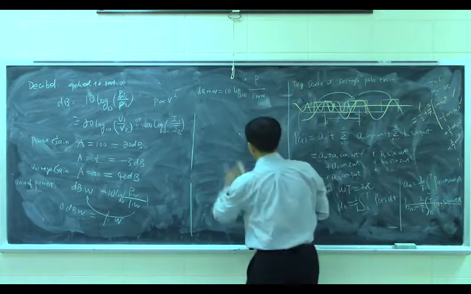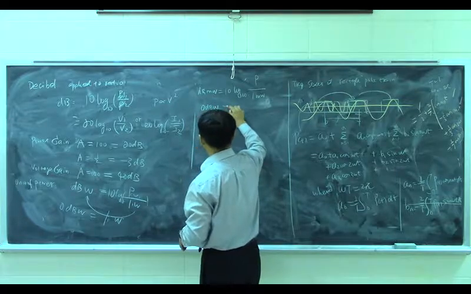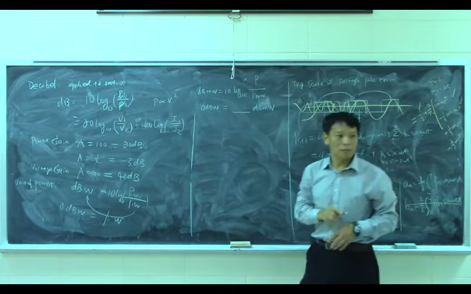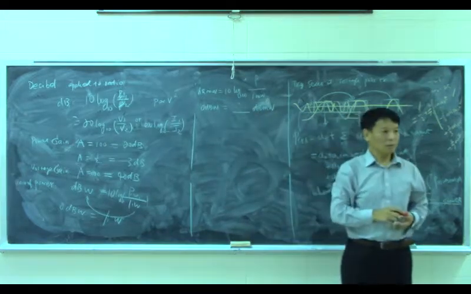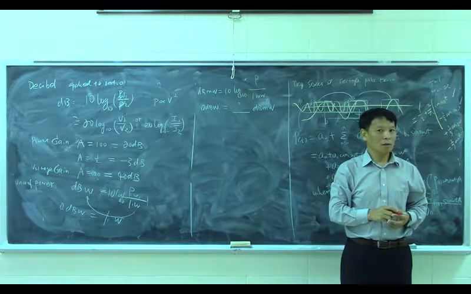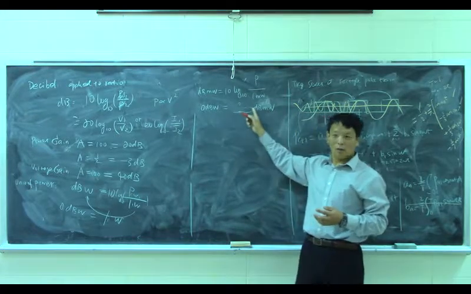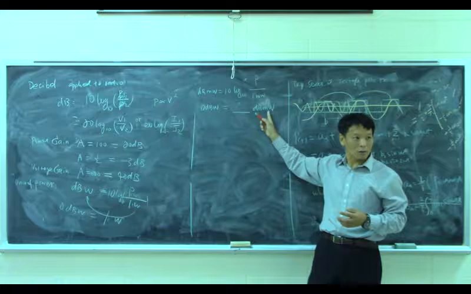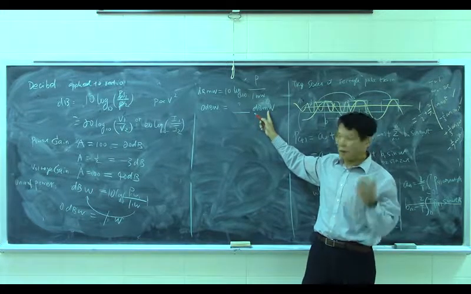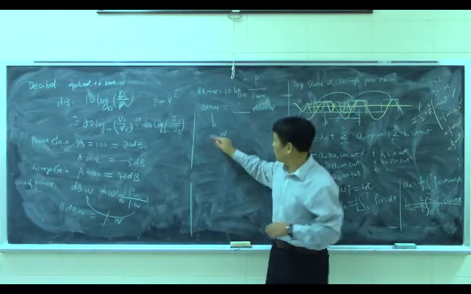Now let me ask you a question. 0 dB watt equals how many dB milliwatt? Let's try. We know this one equals how many watt? 1 watt.